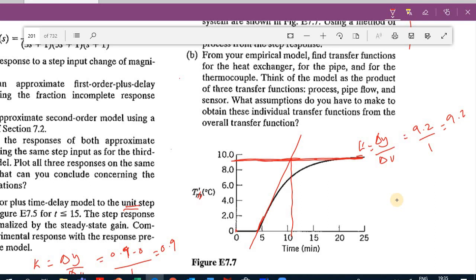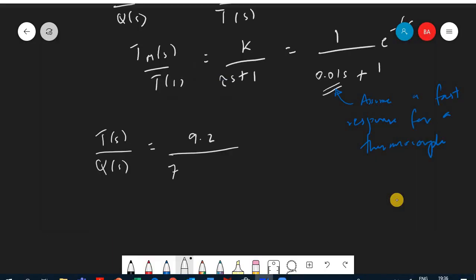So here I have 11 and here I have 4. So my tau is equal to 11 minus 4, which is equal to 7, and my theta is 4. What else do I have? I found all my parameters, so that will be 7s plus 1, e to the power minus 4s.